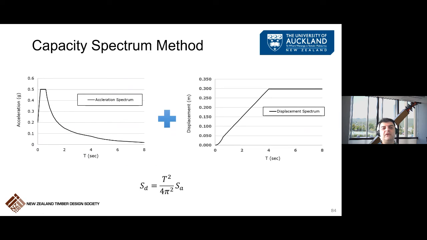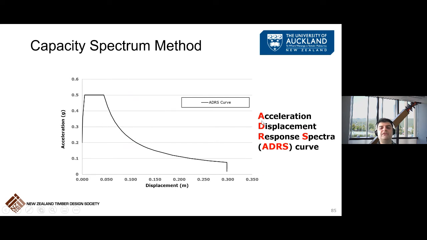Many of us are familiar with the capacity spectrum method. Basically, it talks about putting the acceleration spectrum and displacement spectrum together: the acceleration-displacement response spectra, or the ADRS curve.